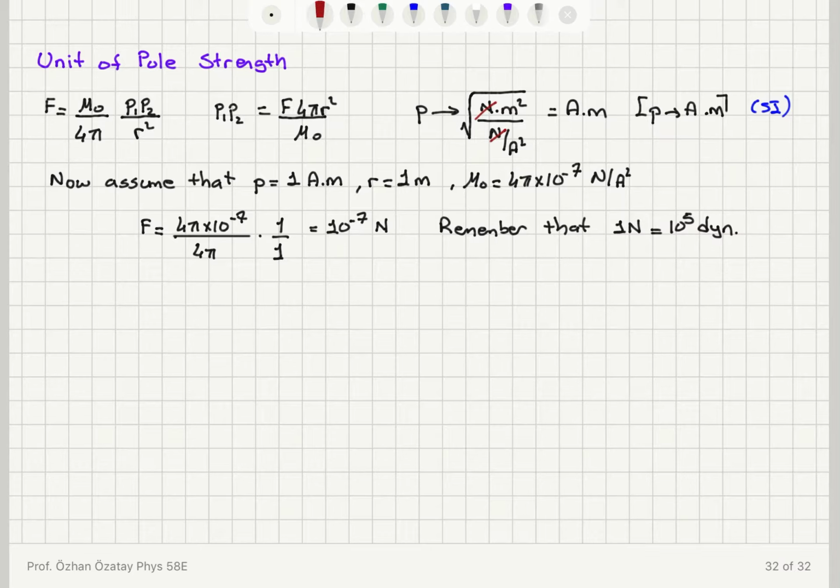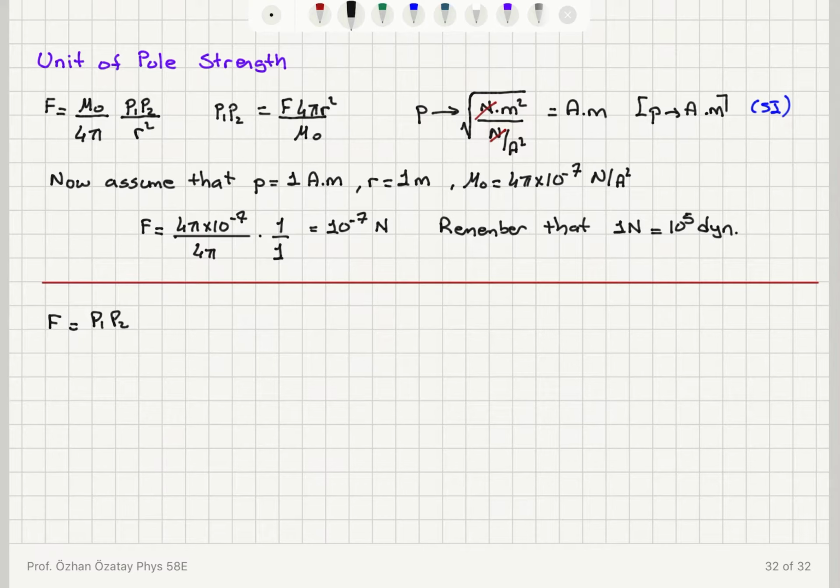So now I go to the CGS picture. In the CGS picture, I can write the force between two poles as P1 P2 divided by r squared, and that means P1 P2 is F r squared.